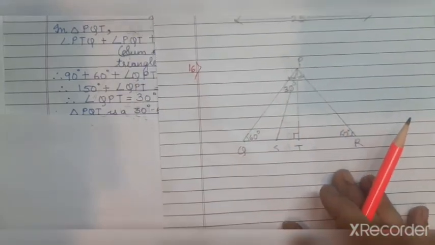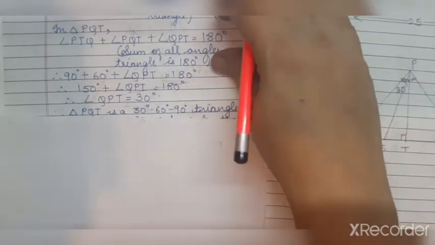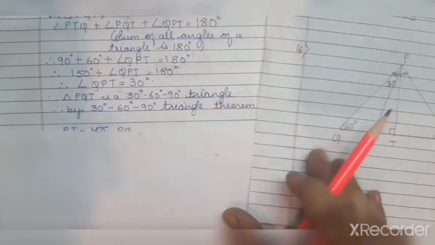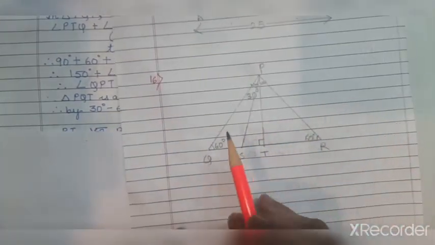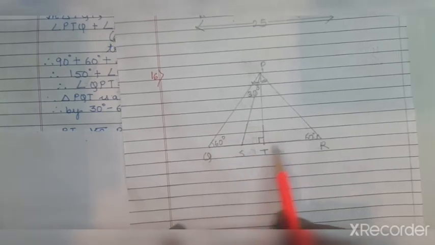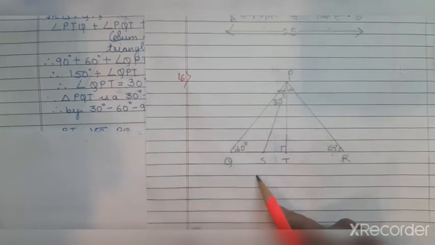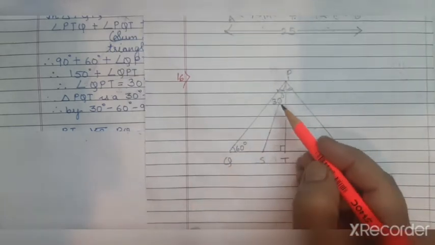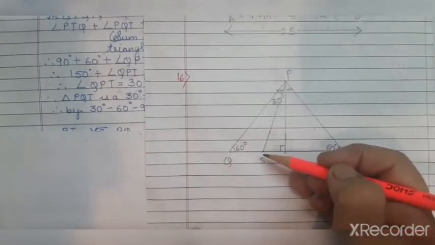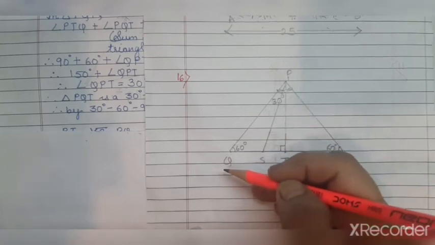Now here they have given only one thing, that QS is 1/3 of QR. Using this we have to reach what is asked to prove. So now we'll use both the properties of 30 degree and 60 degree.